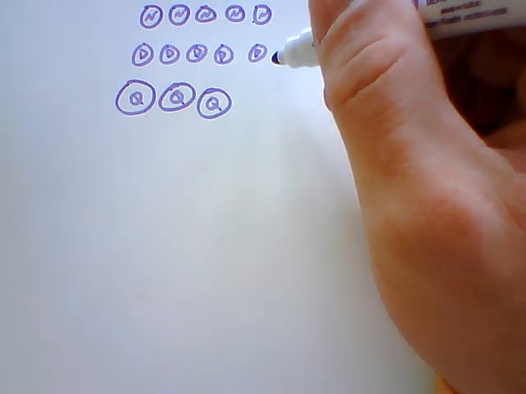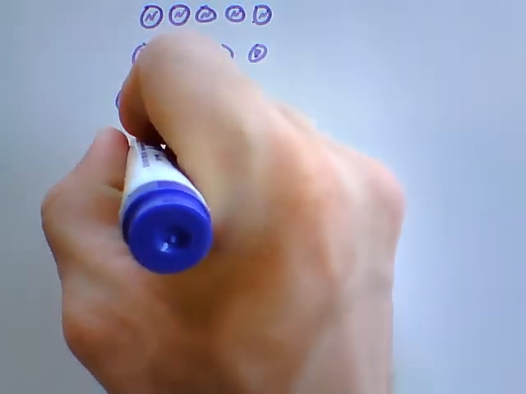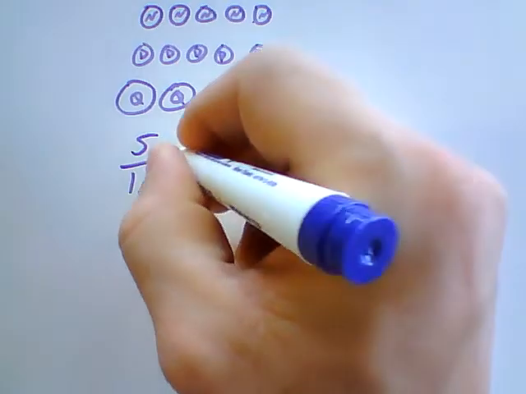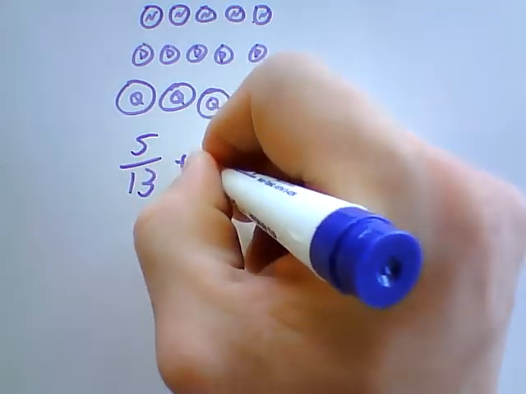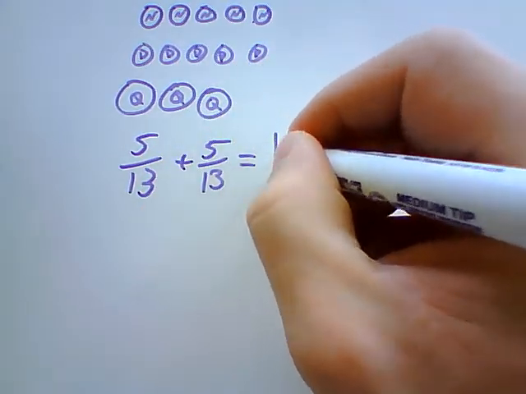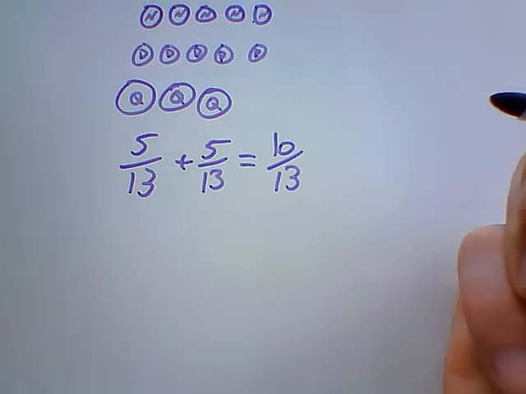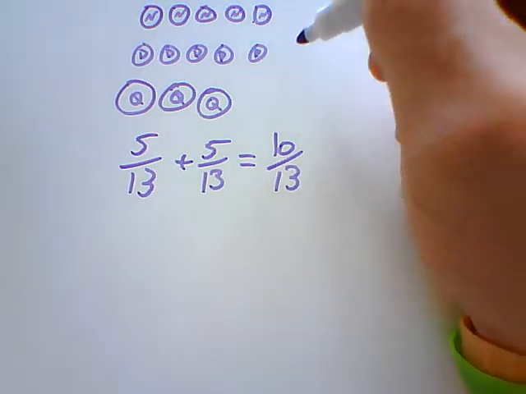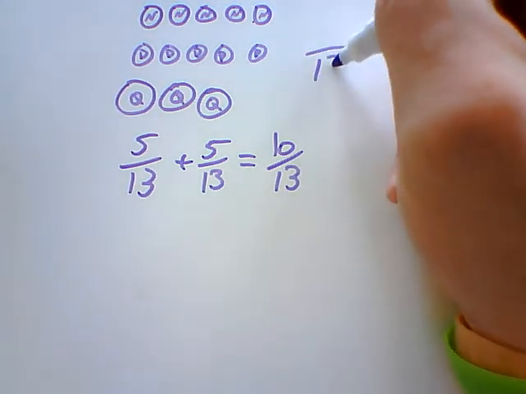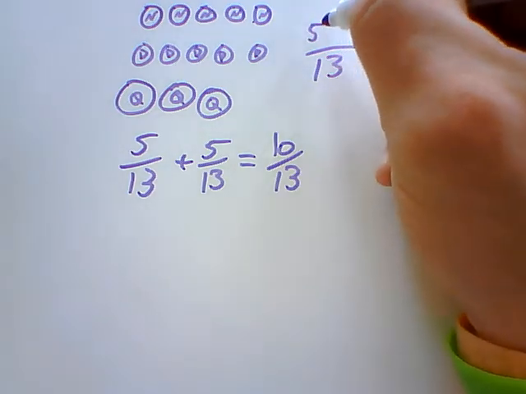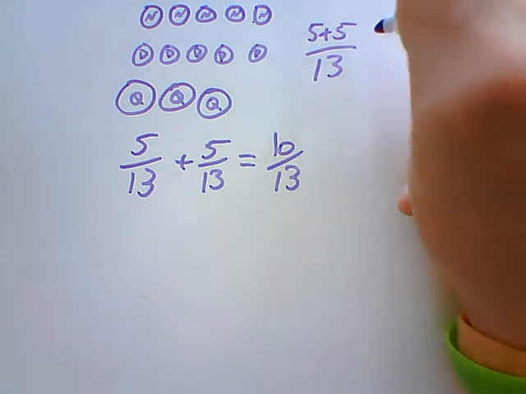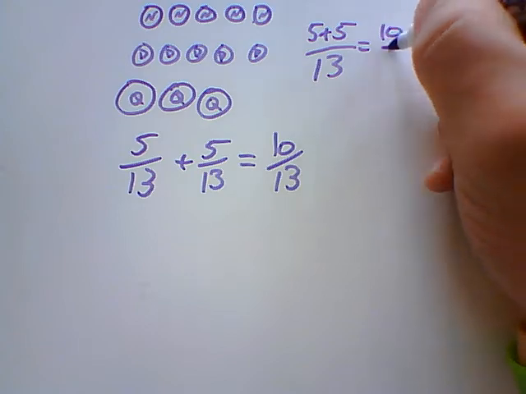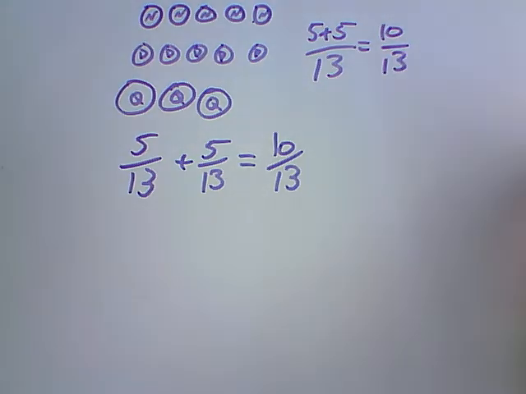Dimes are 5 out of 13. Or, there's 13 coins, 5 nickels, and 5 dimes. Either way, you have 10/13.